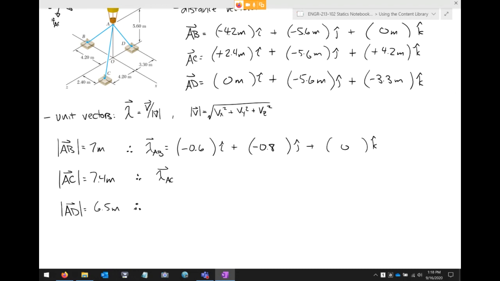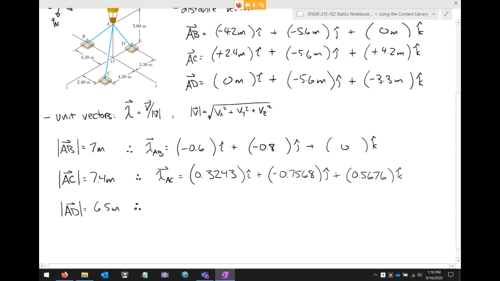So first off, we've got a positive, negative, positive. And so that is 0.3243 I plus negative 0.7568 J plus 0.5676 K. Did I get my signs right on it?